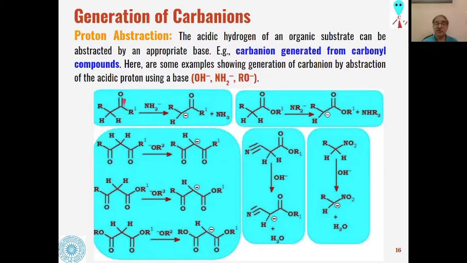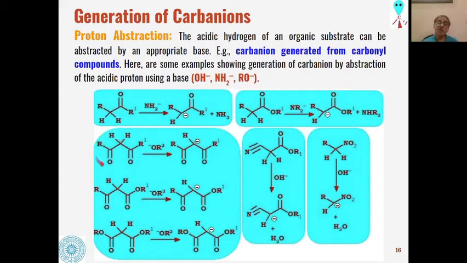And if these can be easily abstracted by the base, that means we can generate carbanions on these carbon atoms. So this is an example of ketones. Ketones react with amide ions, which are strong bases, and carbanions can be generated by abstraction of this proton.